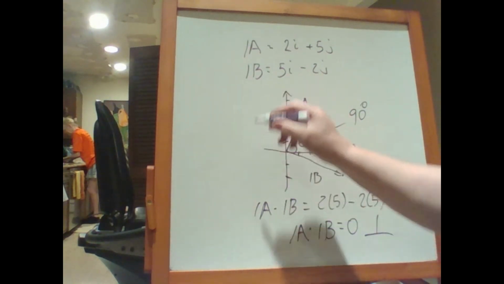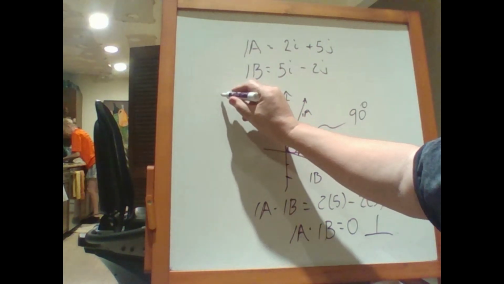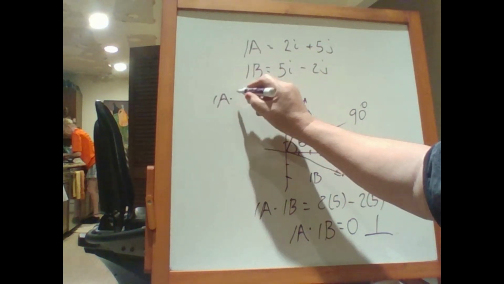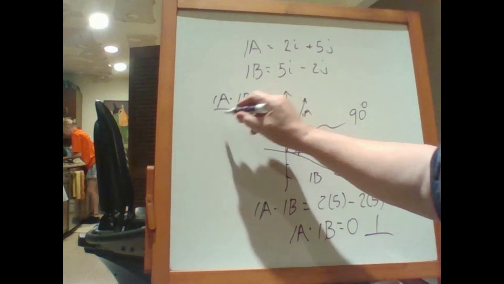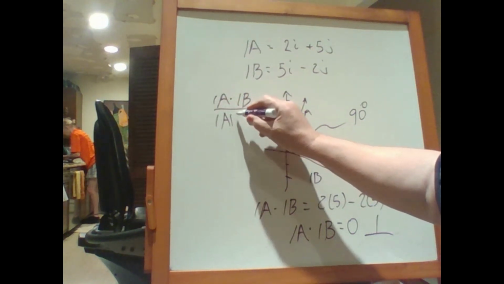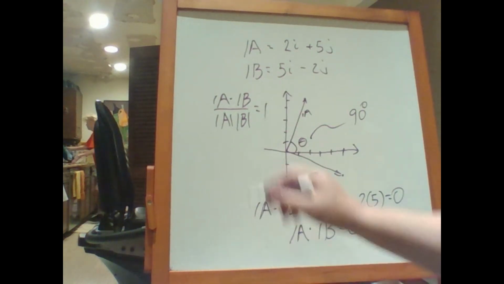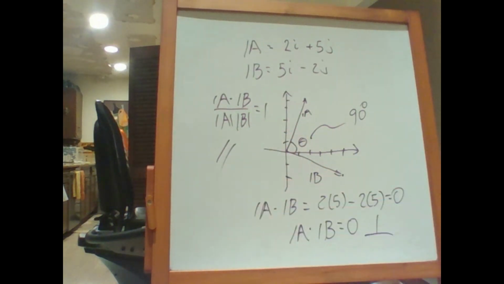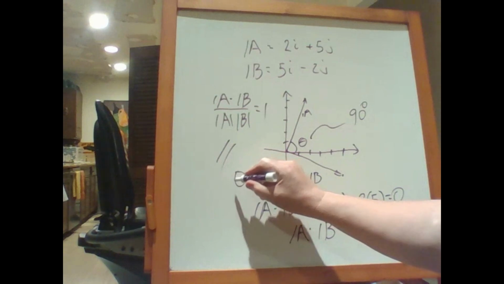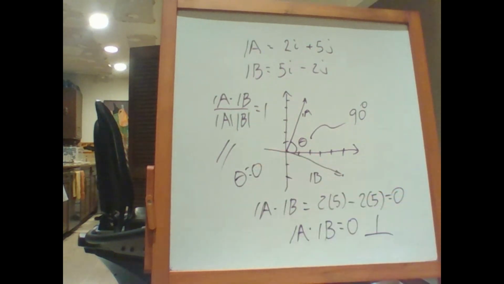And when that ratio, A dot B over the magnitude of A times the magnitude of B, equals 1, then we know they're parallel, that the angle between them is 0. So those are the two extreme conditions.